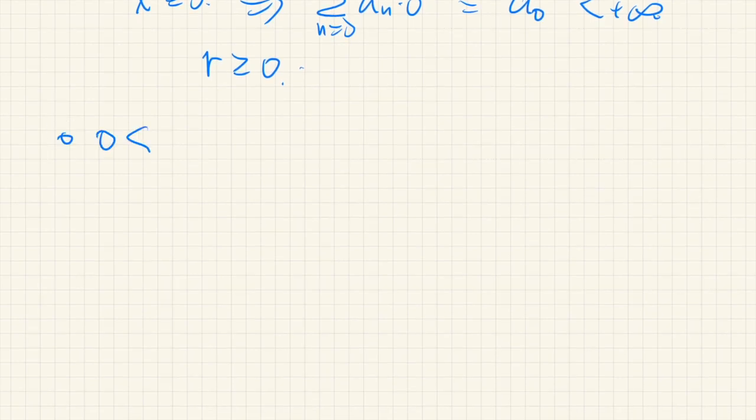Okay, so when the radius of convergence is greater than 0 and less than infinity, so that means it's finite, then what happens is this. If the absolute value of x is less than r, then the power series converges.